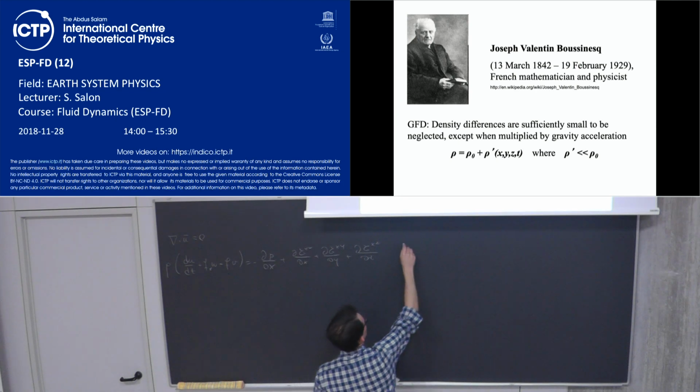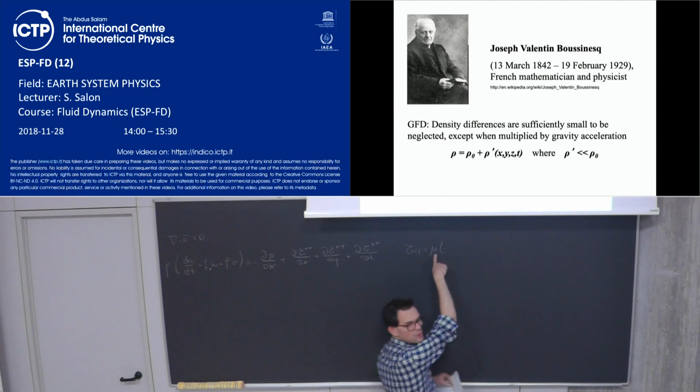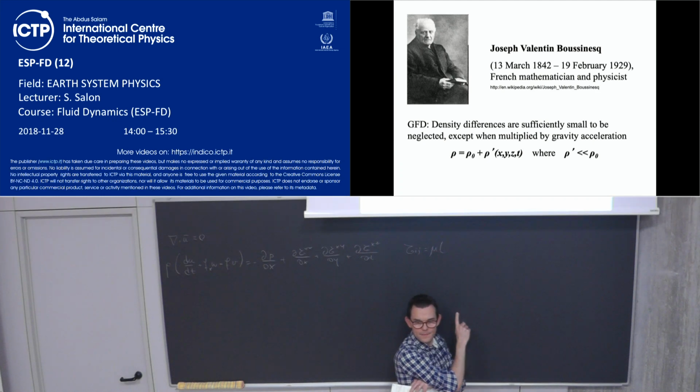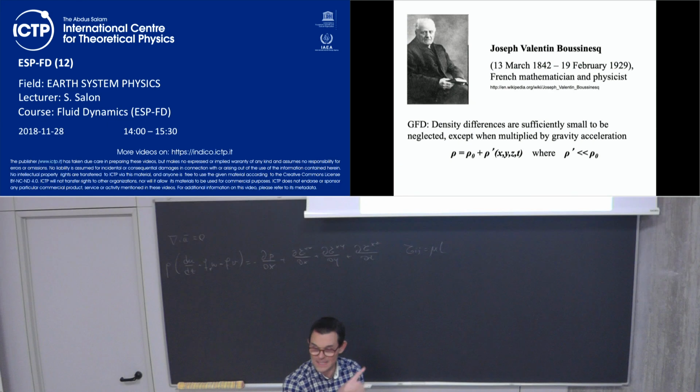where tau ij is equal to mu, which is, do you remember the name of this constant? Mu. There are two kinds. Sorry? Lambda, it's another one. No, you were not close so far. It's the viscosity, but there are two kinds of viscosity. There is dynamic viscosity.